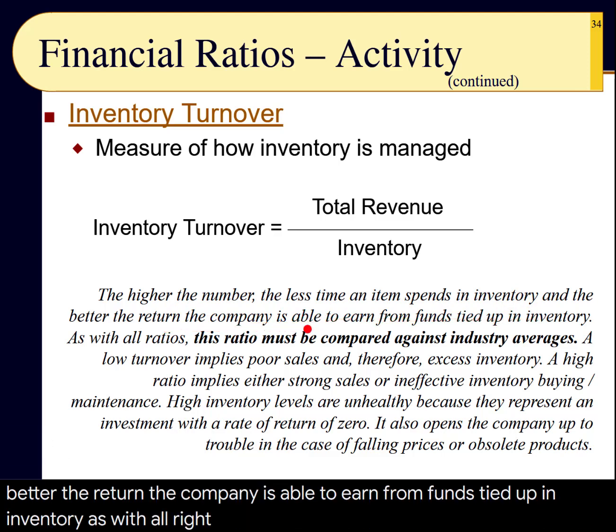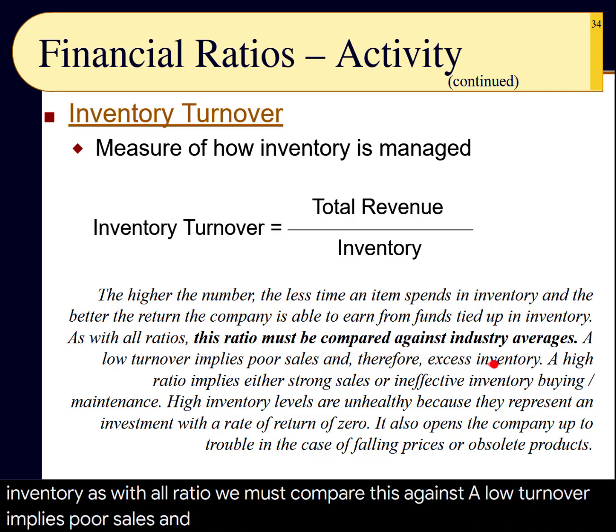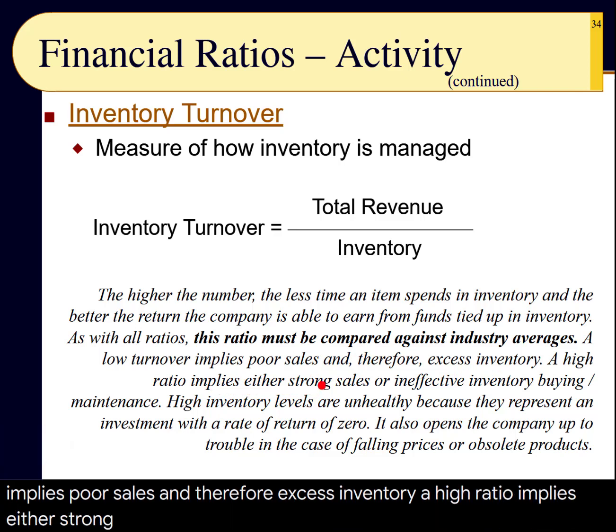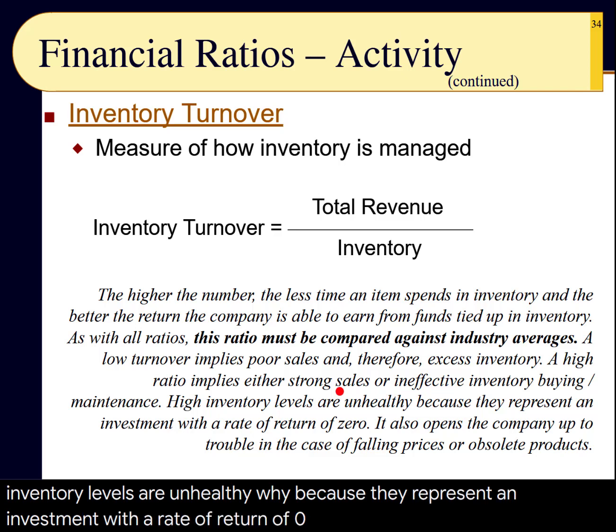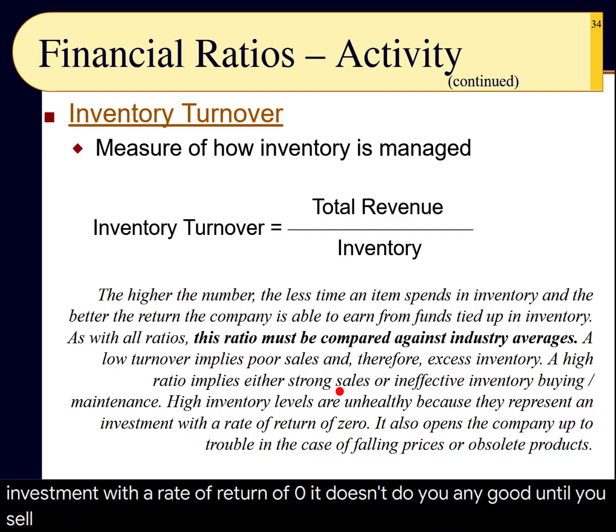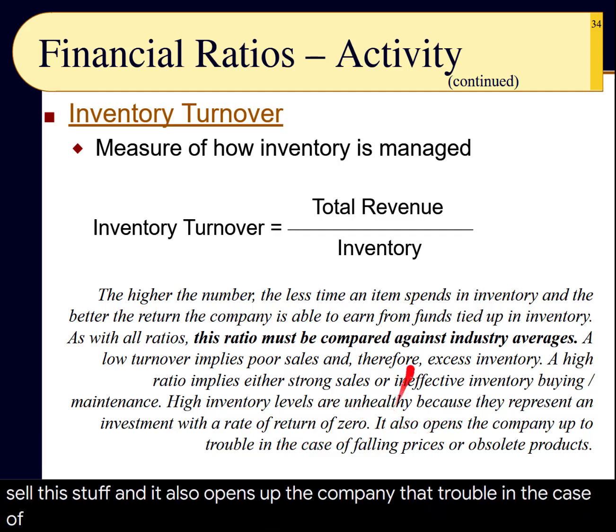As with all ratios, we must compare this against other industries and competitors. A low turnover implies poor sales and therefore excess inventory. A high ratio implies either strong sales or ineffective inventory buying and maintenance. High inventory levels are unhealthy. Why? Because they represent an investment with a rate of return of 0. It doesn't do you any good until you sell the stuff. And it also opens up the company to trouble in the case of falling prices or obsolete products.